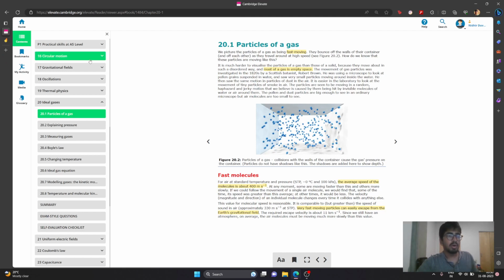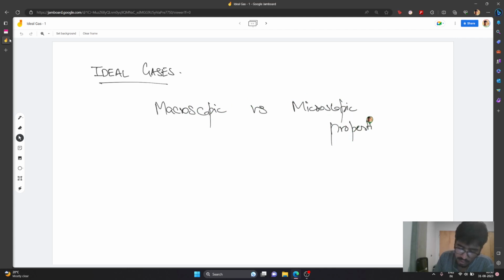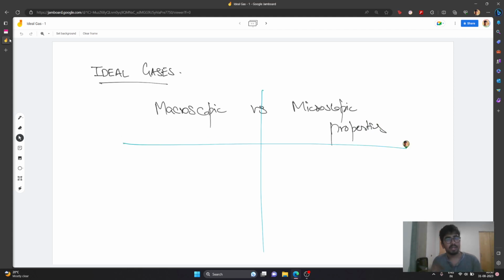So what we do in here is something called macroscopic versus microscopic properties. Macroscopic is all that you can observe on the outside, which is something like pressure, volume, temperature.